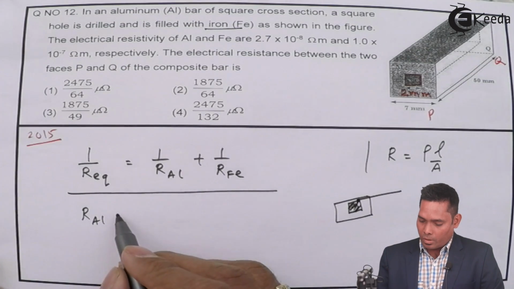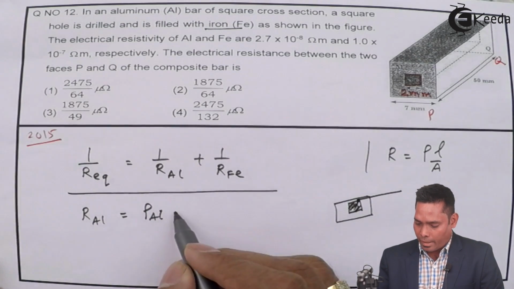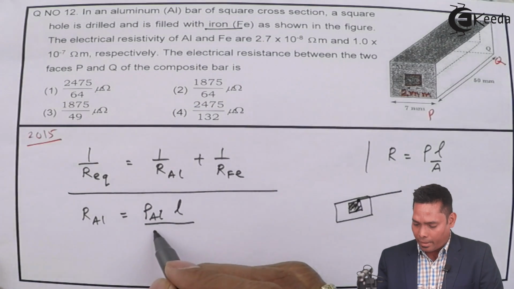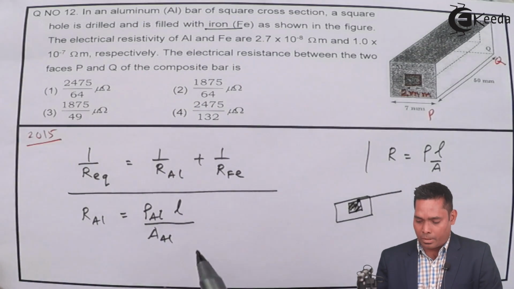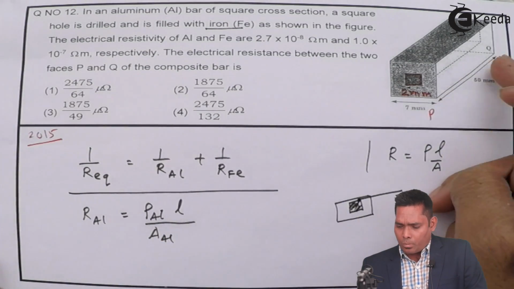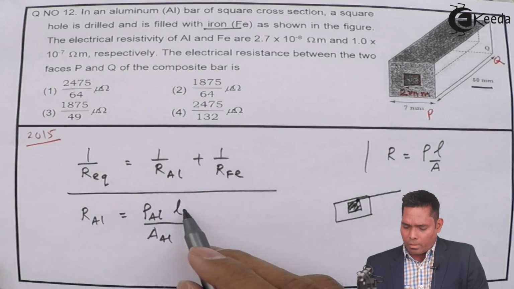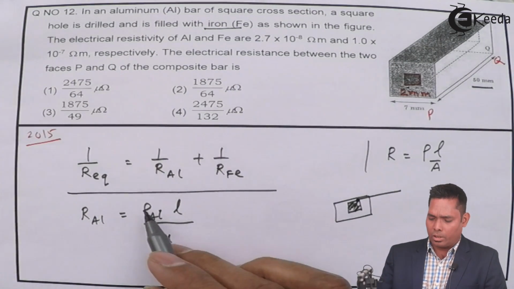So for aluminium it is rho aluminium L by area of cross section of aluminium. This length is same for both and it is 50 mm given. So length I will put 50 for both, but then these two will change.